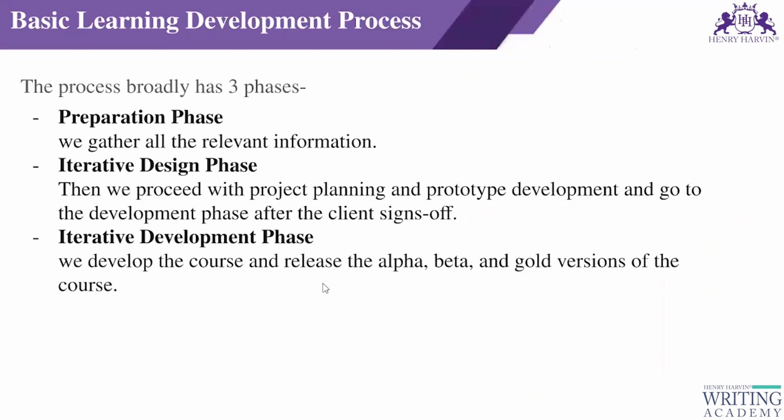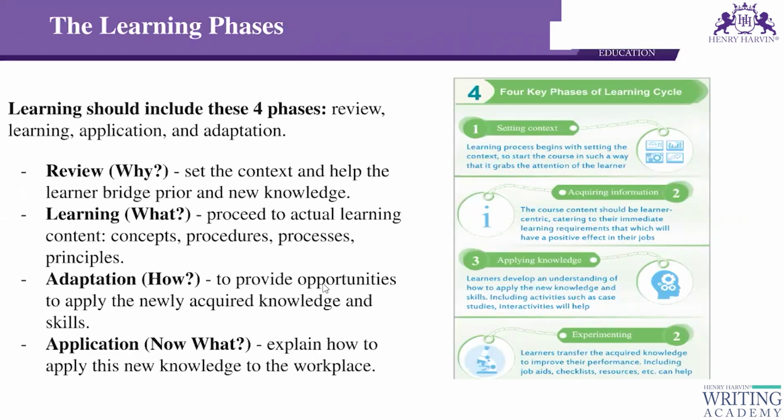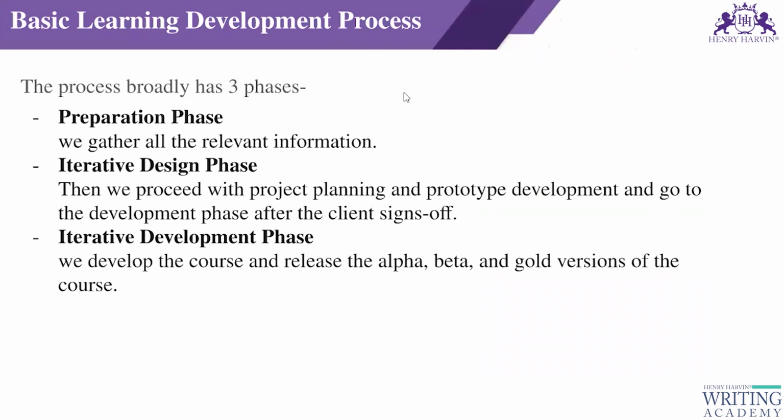Next, the process broadly has three phases. Here we saw the learning phases, but in a basic learning development process, we have three phases. What exactly does learning development mean?